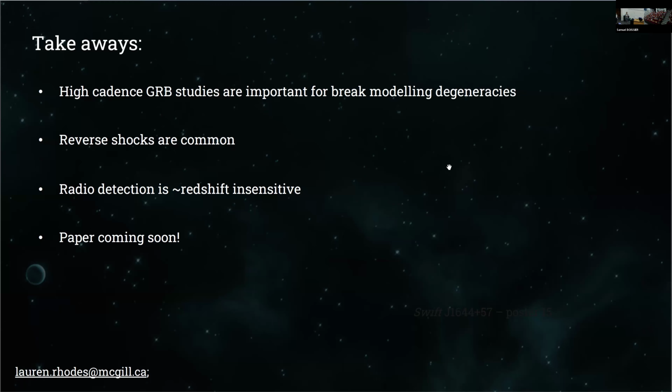In terms of radio studies on short GRBs I've done, we're seeing far more varied behavior, even more so than what we're seeing for long GRBs. If you want to see some wacky radio light curves, I would certainly recommend looking at cosmological short GRBs. ATCA and MeerKAT are finding some really cool stuff.